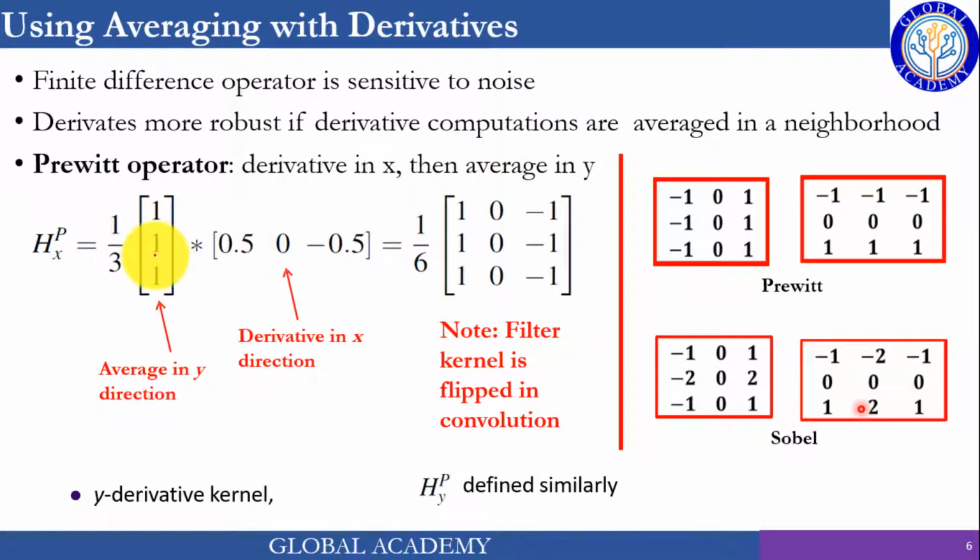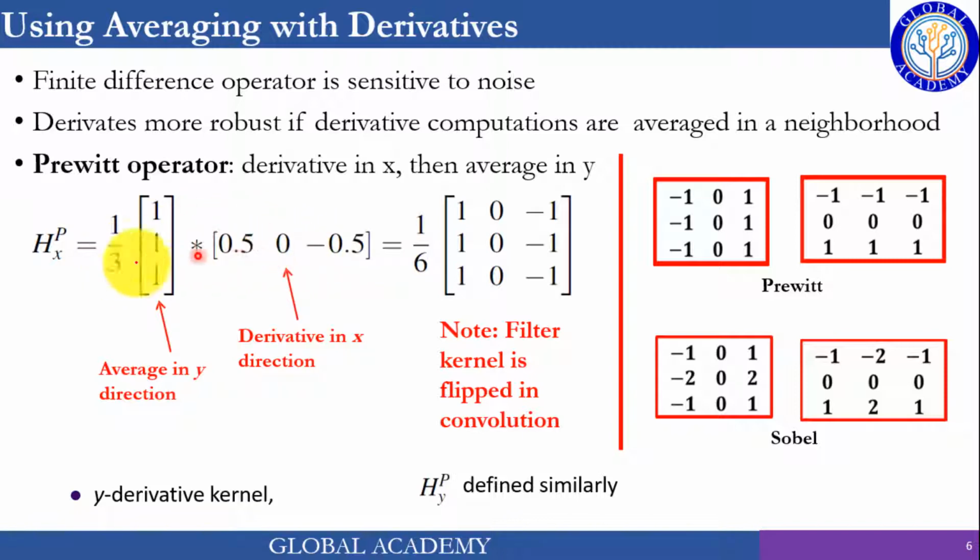As we know, the mask operation is a linear operation, and we can cascade mask operations, like we can apply one mask on the image, then another mask on the image. So it's better to calculate one mask using two masks or two kernels. So we have an averaging mask along the y-axis and central differencing along the x-axis.